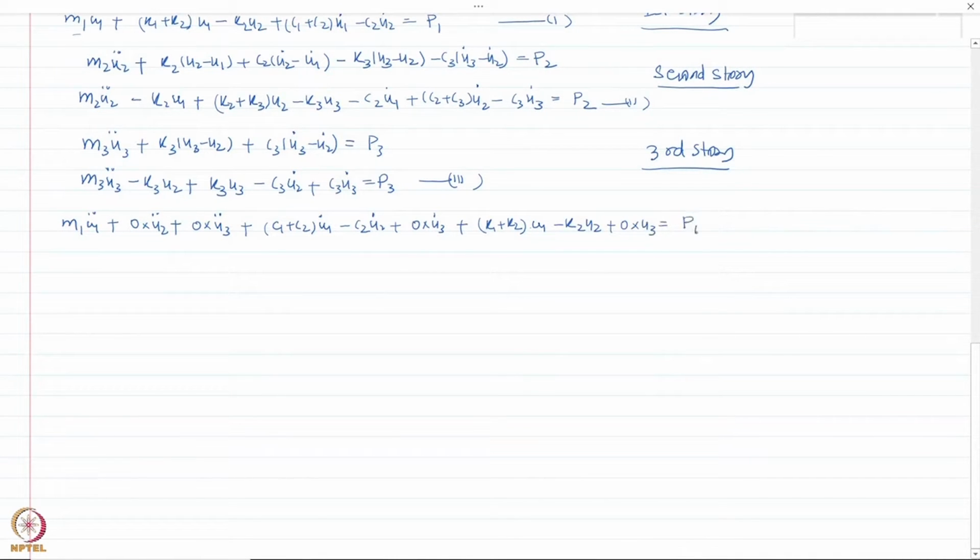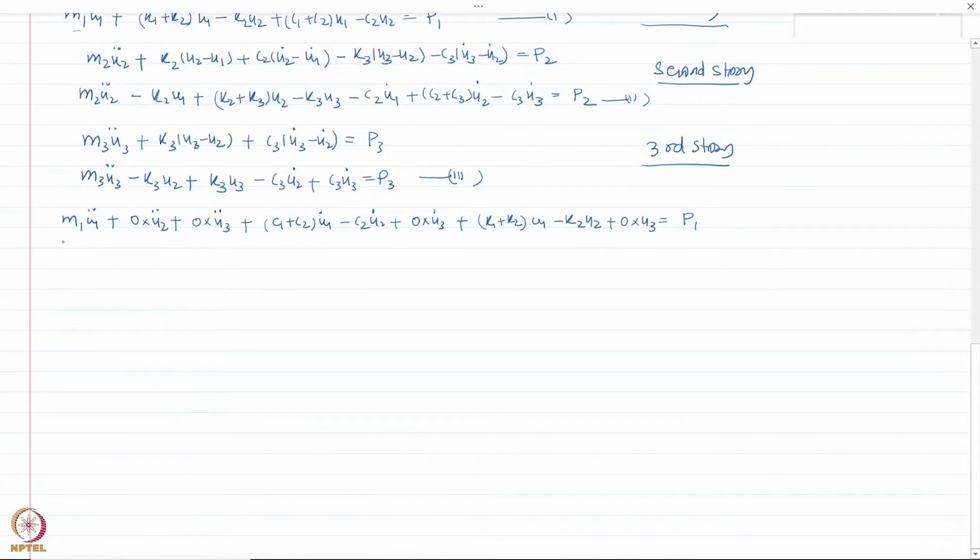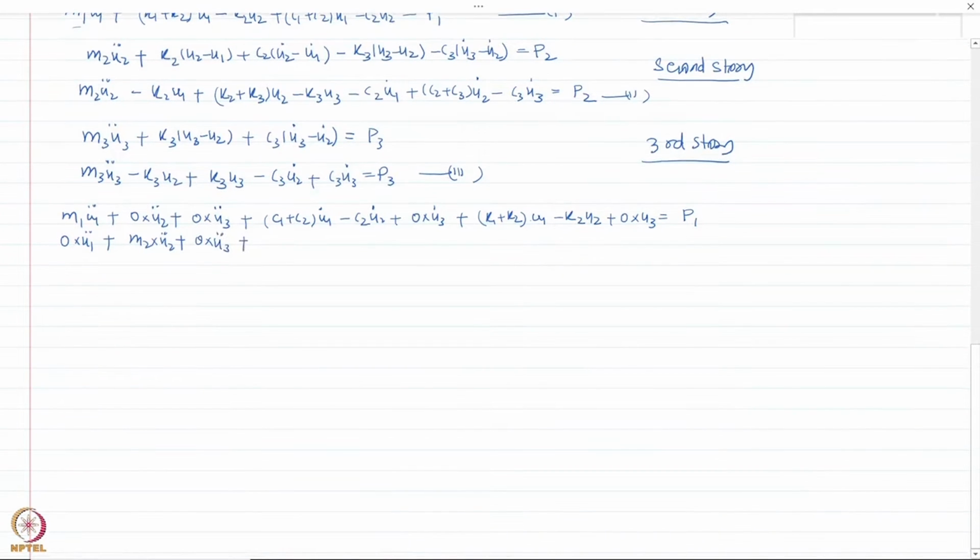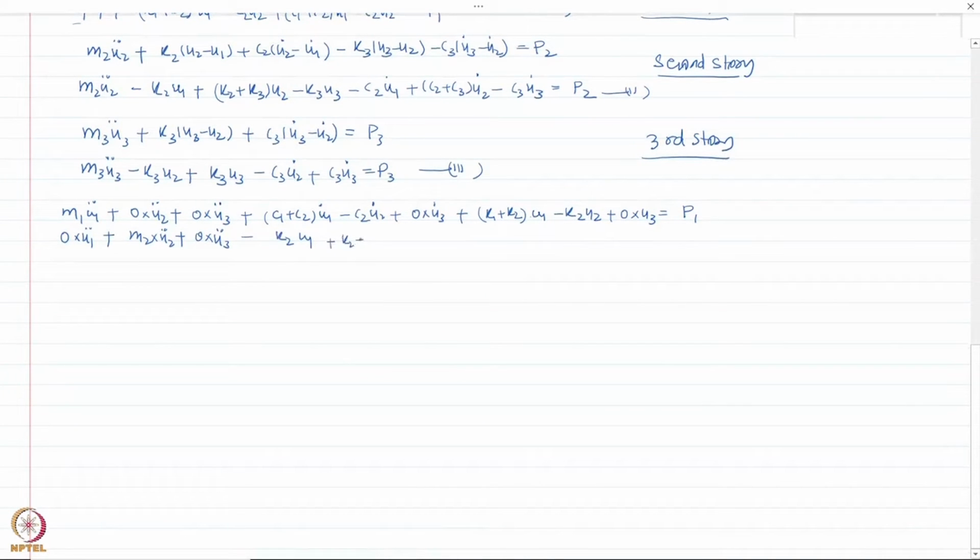I'm going to do exactly the same thing for equation 2 and equation 3 as well. So this would be 0 times u1 double dot. Now I have m2 times u2 double dot, so I'm going to write it like that, and then no term for the u3 double dot. Sorry, I was writing down the damping term first.